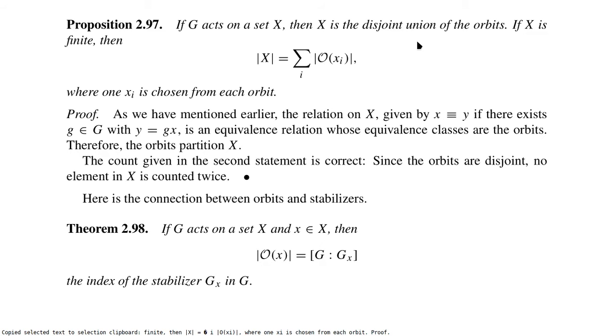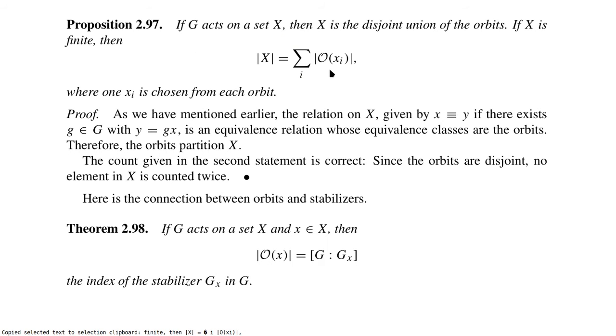So the partitions which arise from this equivalence relation are going to be disjoint sets, and these disjoint sets are the orbits themselves, so the orbits partition X. And if you take the union of all these partitions, you're going to get X itself, because it's a partition.